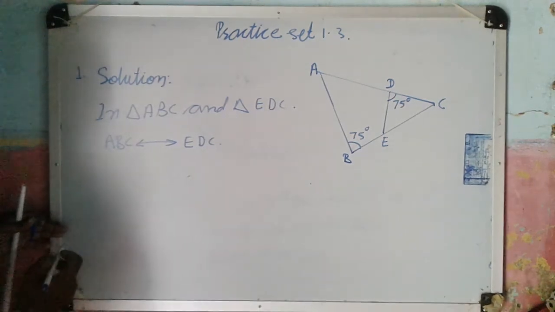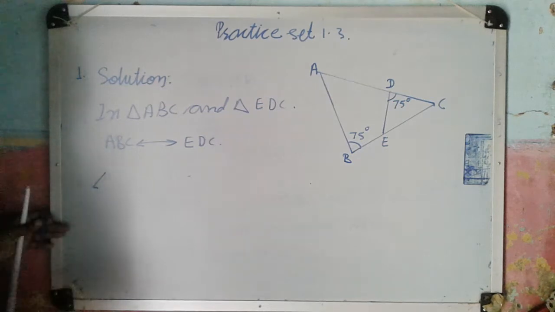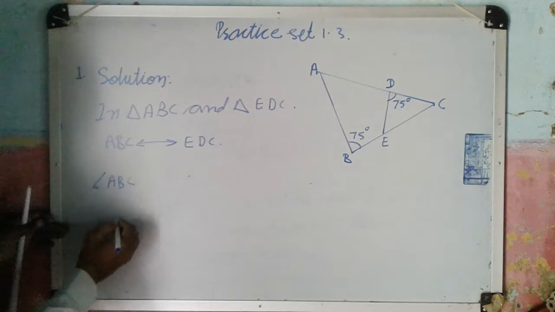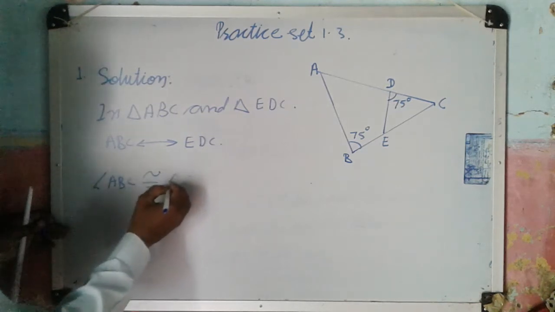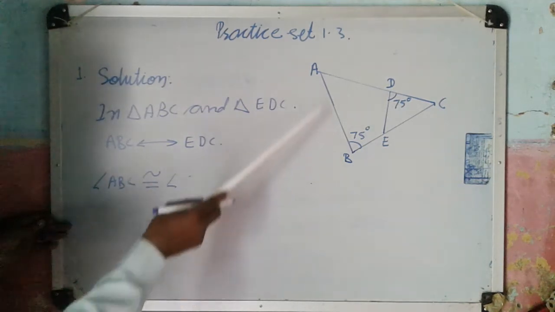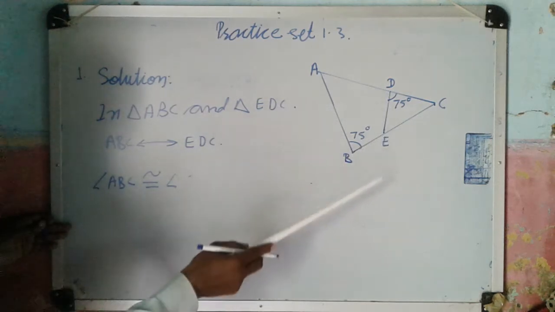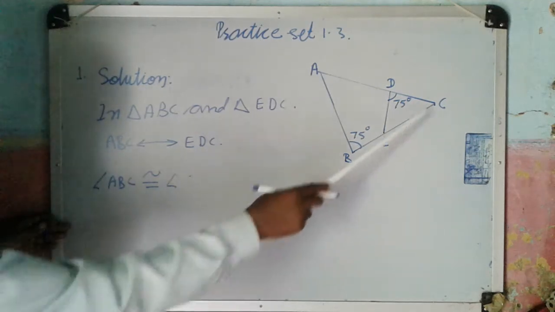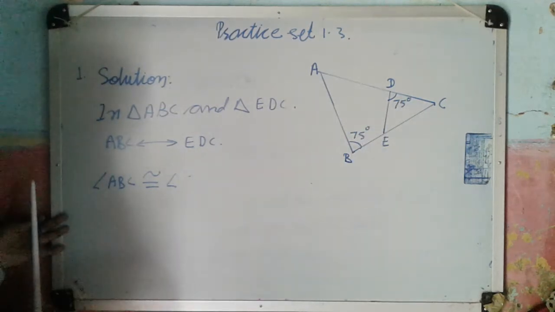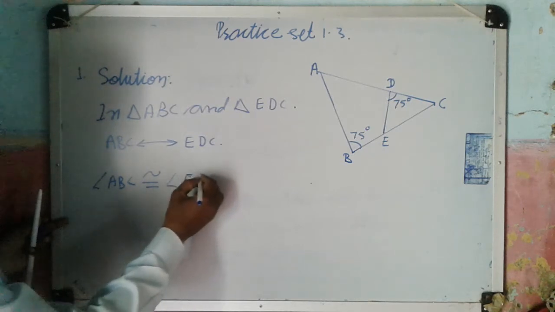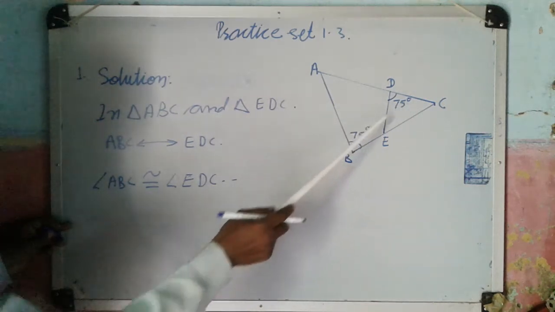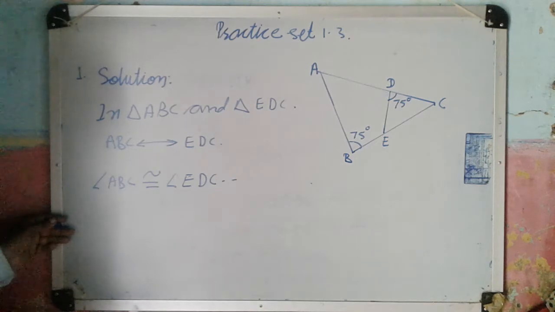Now see here. Angle ABC is congruent to angle EDC, because the measures of both angles are 75 each.